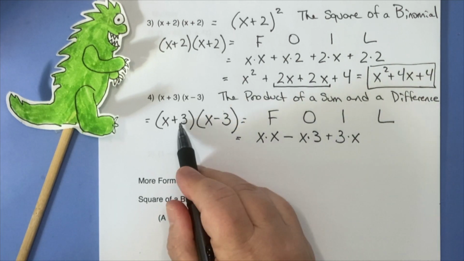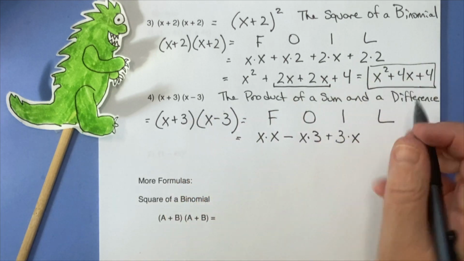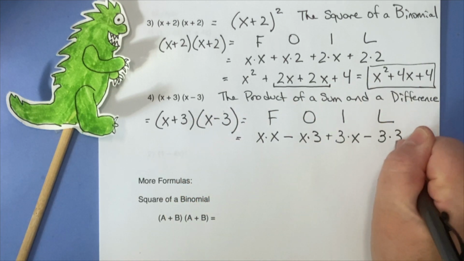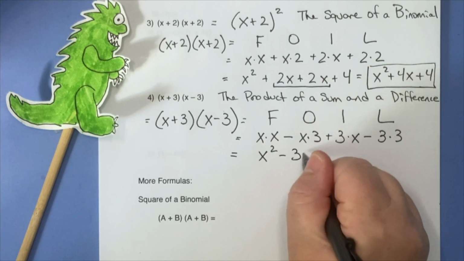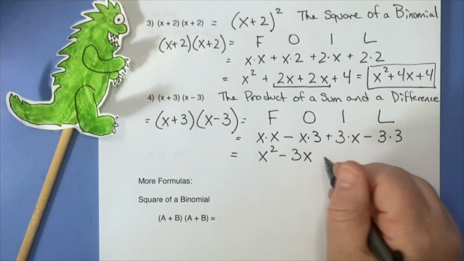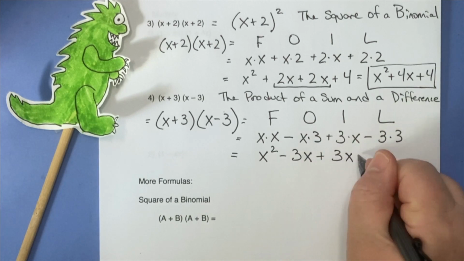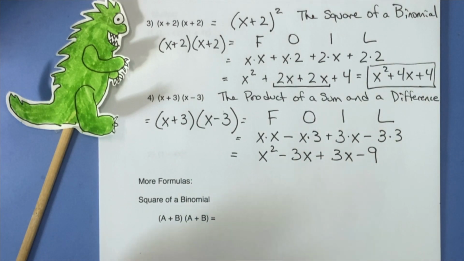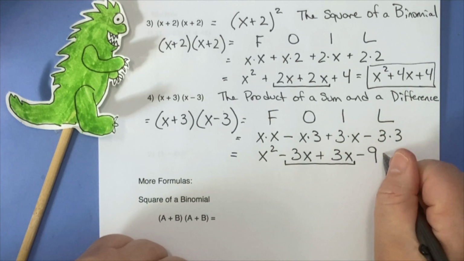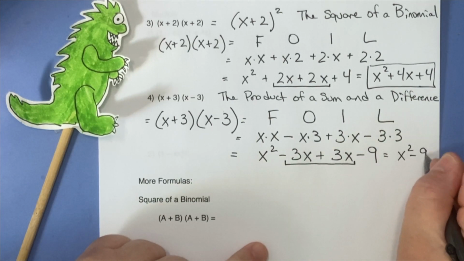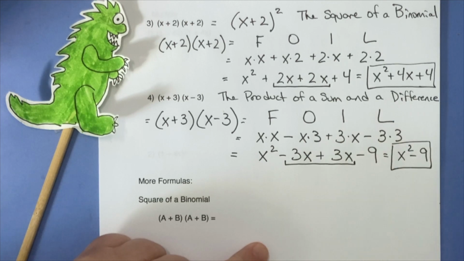And last is going to be this 3 times a negative 3. So I get x squared minus 3x, notice that commutative property again, plus 3x minus 9, and now something really cool happens. The middle terms are gone.